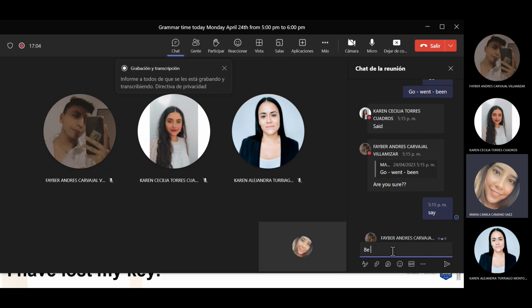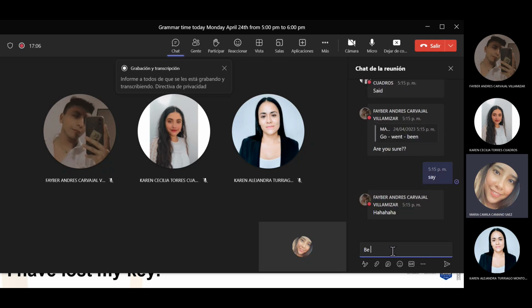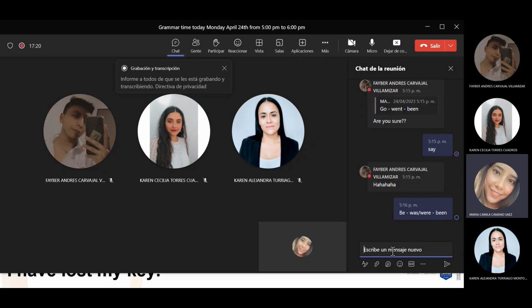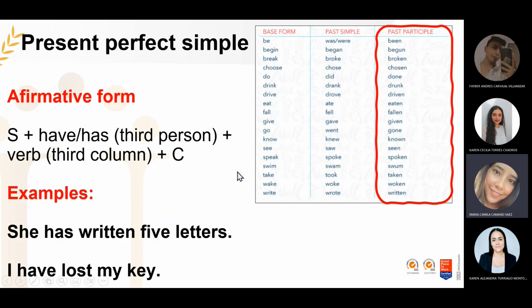In this case, the base form is be, the past simple form is was or were, and the past participle form is been. Okay, don't worry. I was wrong too. That was my bad.